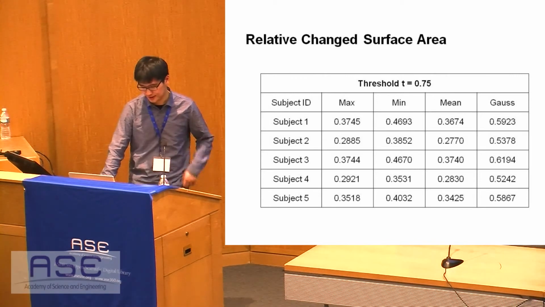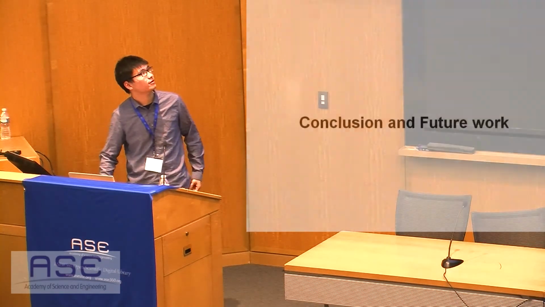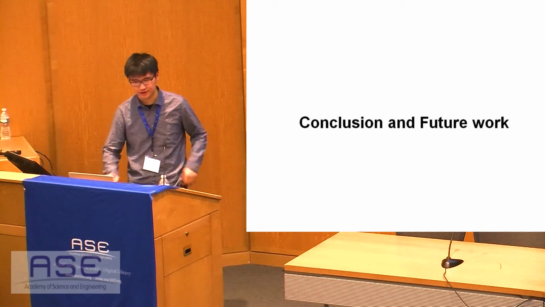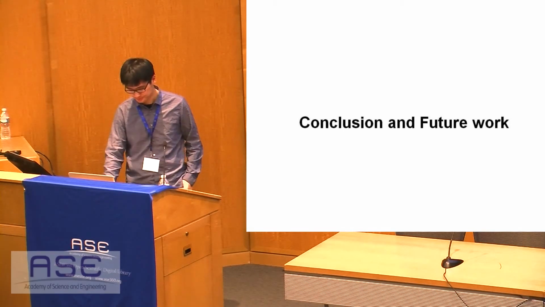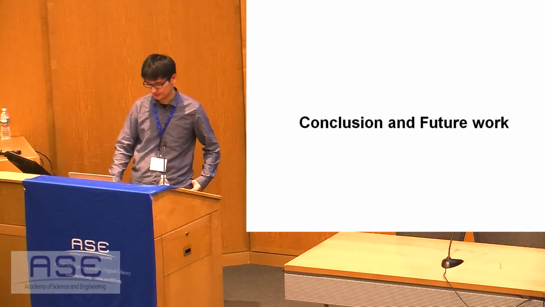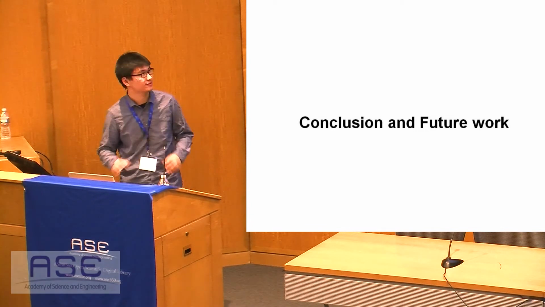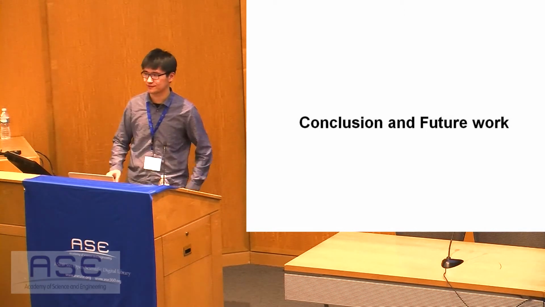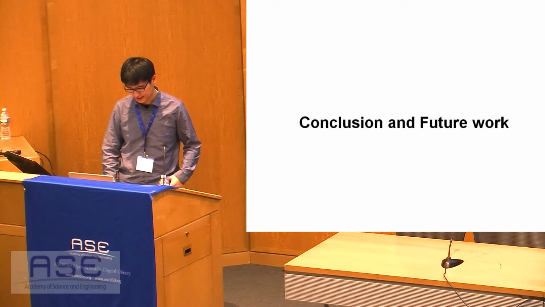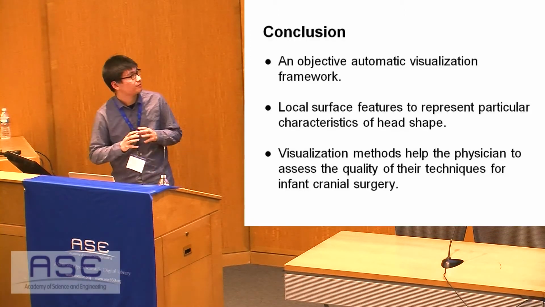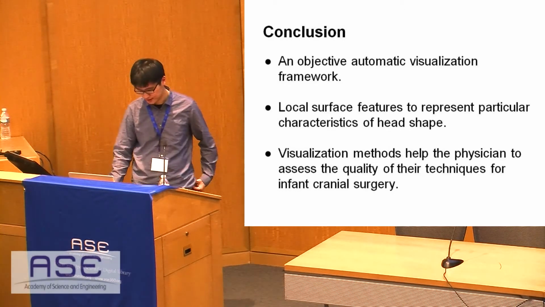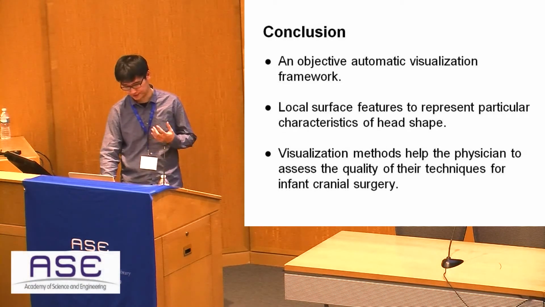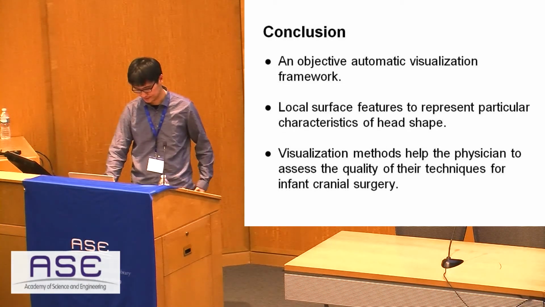Okay. Finally, let's give a little summary of our framework. In this paper, we give an objective evaluation system, and we select some useful local features from differential geometry, and we apply these techniques to help physicians assess the quality of plastic surgery outcomes.